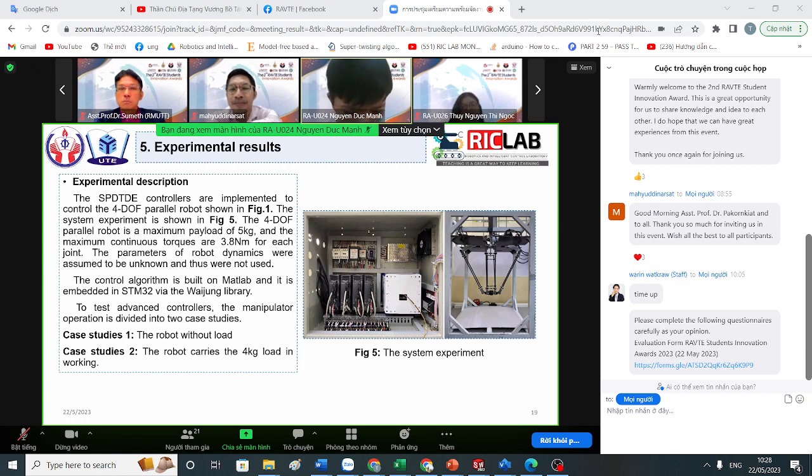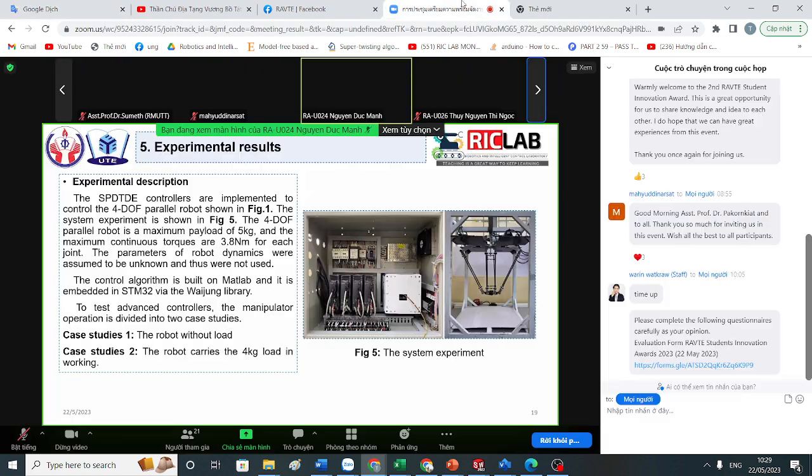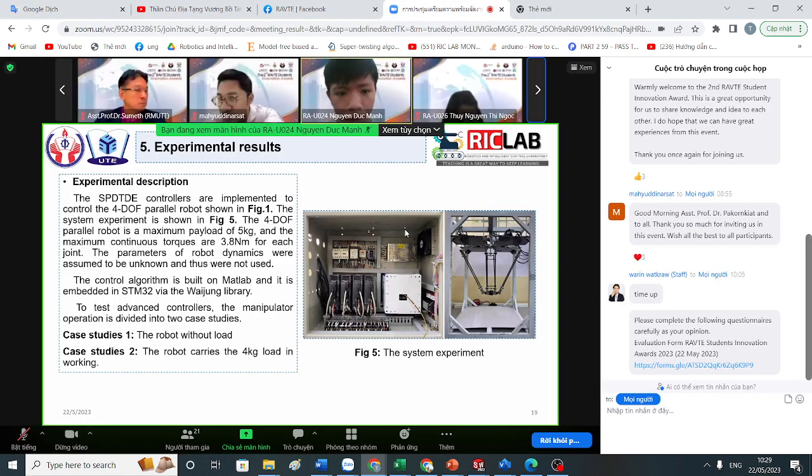The robot's maximum weight load is 5 kilo, and not in real models as well. We will use experiments with maximum weight load of 5 kilo in future.